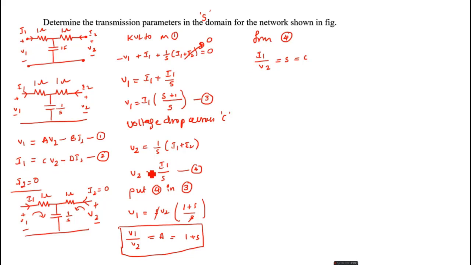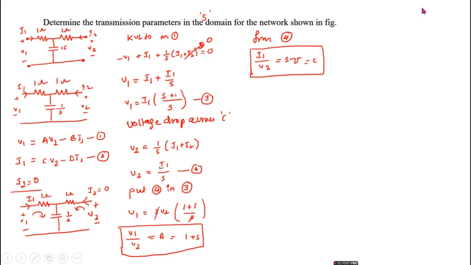From this equation number 4, I1 divided by V2 equals S, that is equals to C. So I1 divided by V2 is nothing but a Siemens or mho, that is equals to C. Okay, so after making I2 as 0, we have calculated A and C.